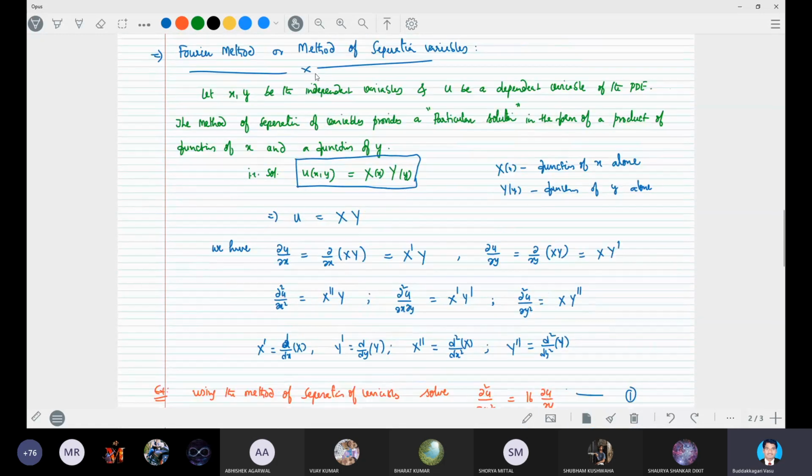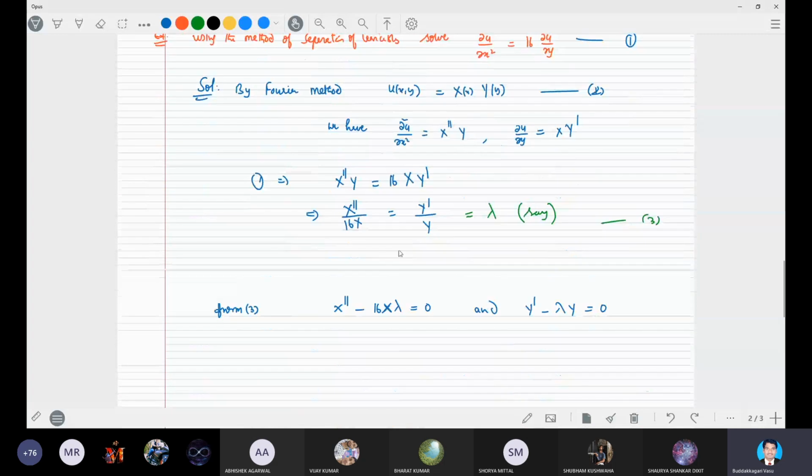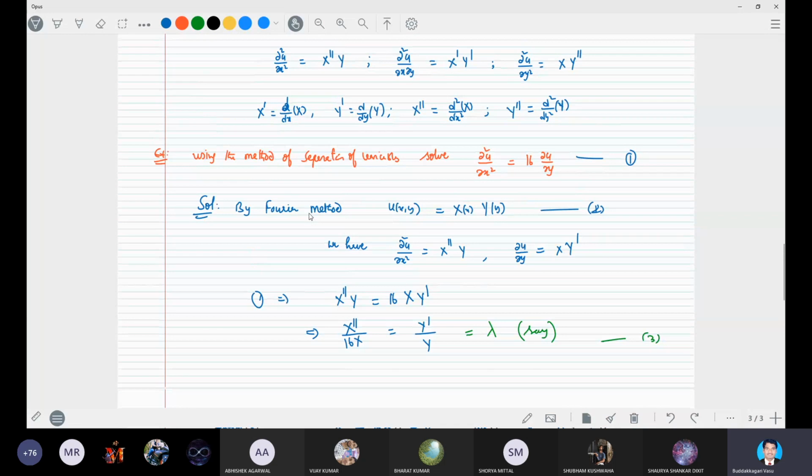And the method of separation of variables we have explained: we make the PDE into two ordinary differential equations for the individual functions capital X and capital Y. They are solved separately, resulting in the required solution of the PDE. This is the process or methodology of the Fourier method, or the method of separation of variables.